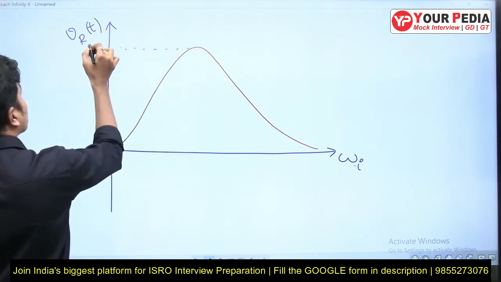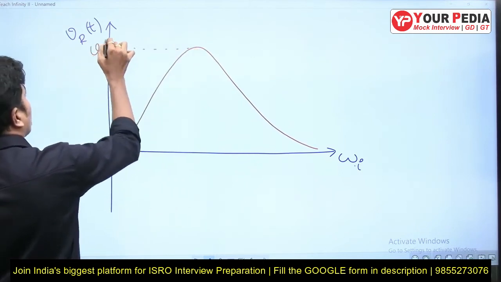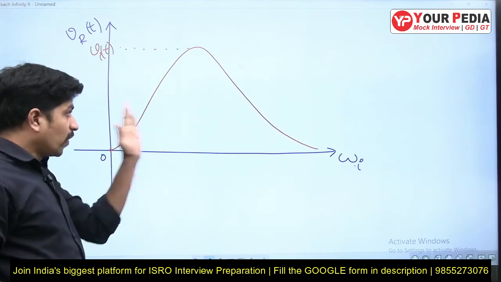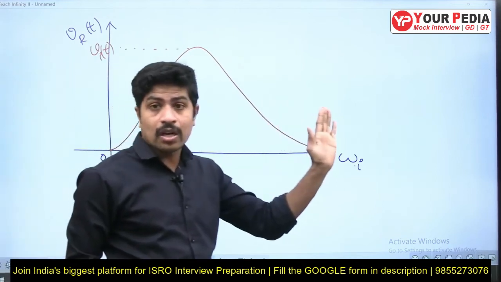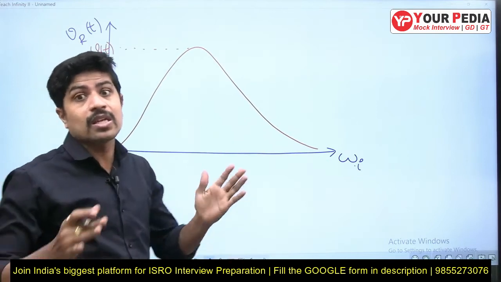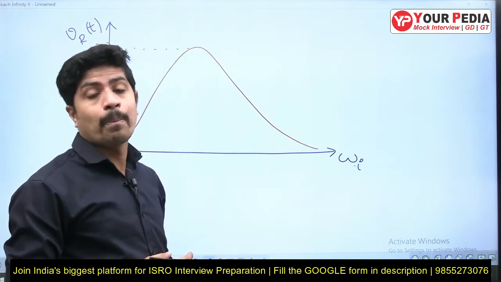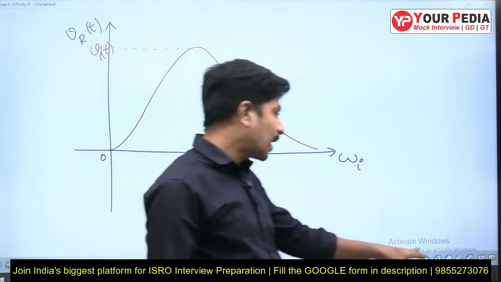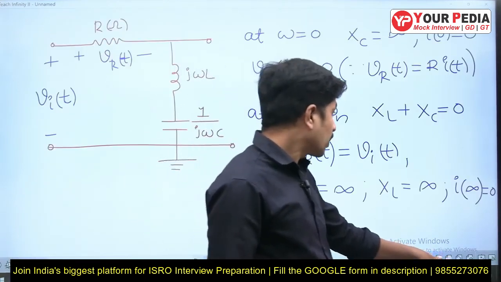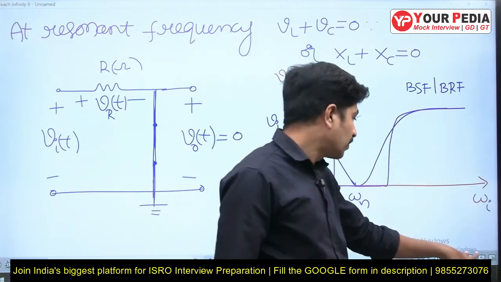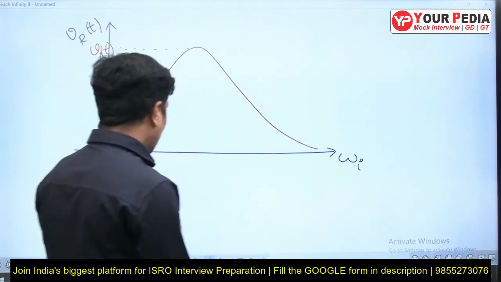What is this one? Vi of t. So low frequencies are not allowed, high frequencies are not allowed, but in between some frequencies are allowed. That kind of filter is called what filter? Band pass filter. The previous one is a band stop or band reject filter, but this present one is a band pass filter.